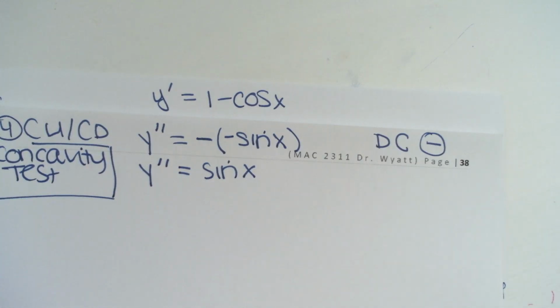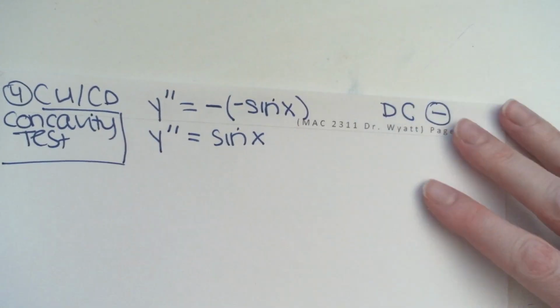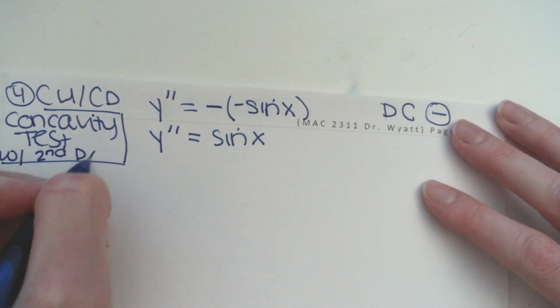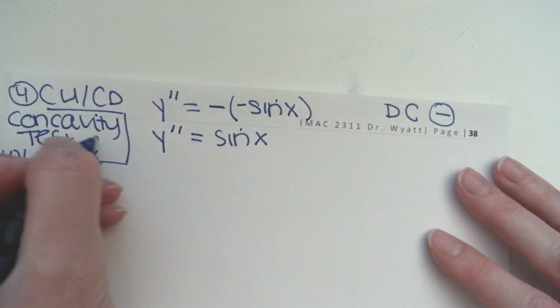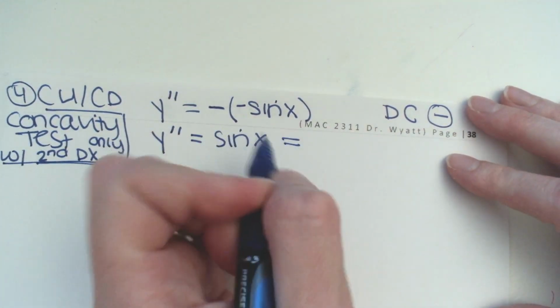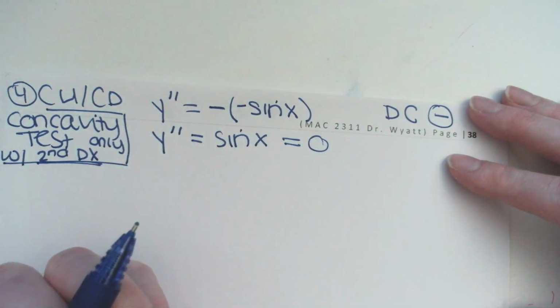I'm going to set the second derivative equal to 0. So I'm not going to worry about that first derivative. I'm done with the first derivative. I'm going to do everything with the second derivative, right? So it's only with the second derivative. I'm going to set the second derivative equal to 0.